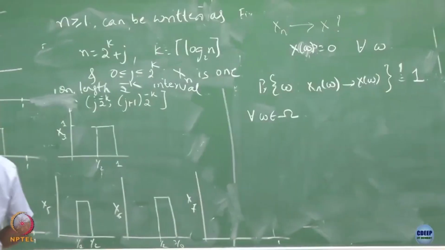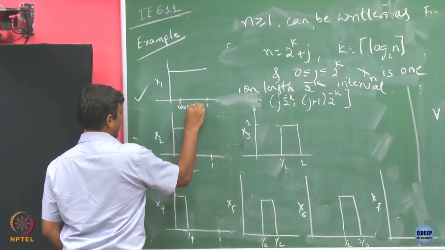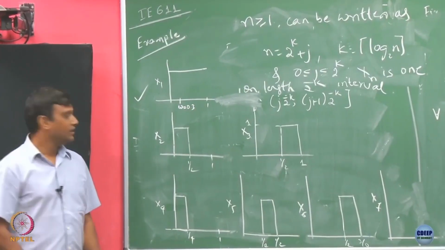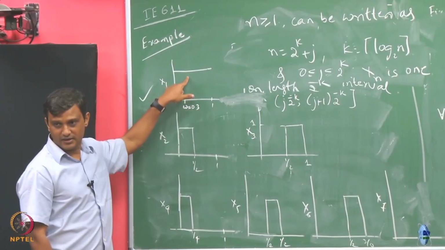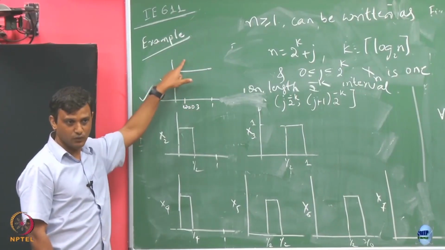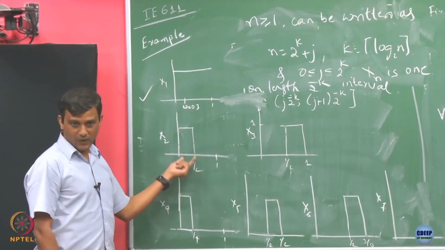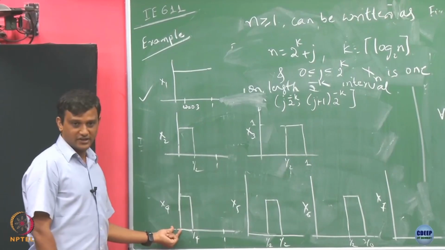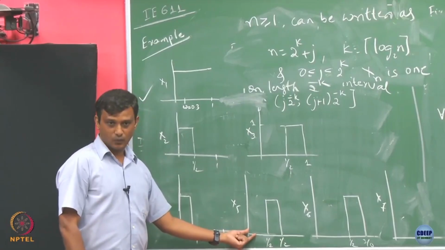Now let us say omega is here, and for the time being let us take omega to be 0.3. So omega 0.3 got value 1 when x1 gives it 1, x2 gives it 1, but what does x3 give it, and what does x4 give, and x5 gives it 1.